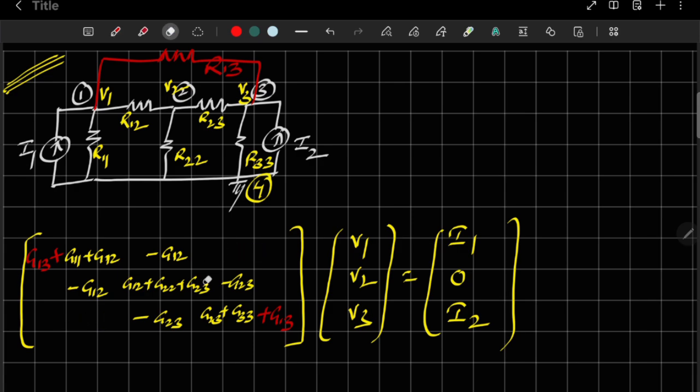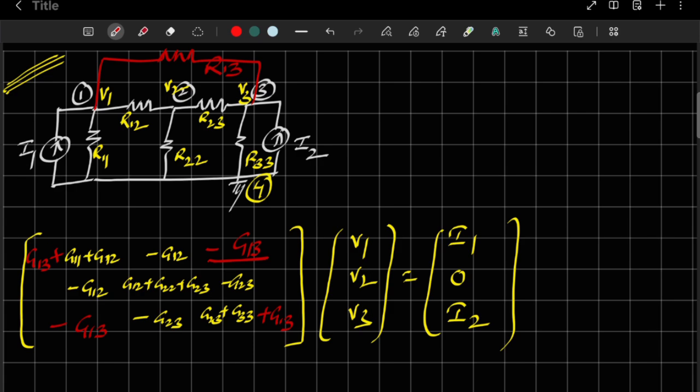Because it is the first row, we get the negative, and the third column, that means the conductance related to nodes 1 and 3. So that is G13. As per the symmetry condition, I can take here minus G13. So these are the changes that will occur due to the presence of resistance R13 between node 1 and 3. Now one more change I will make.